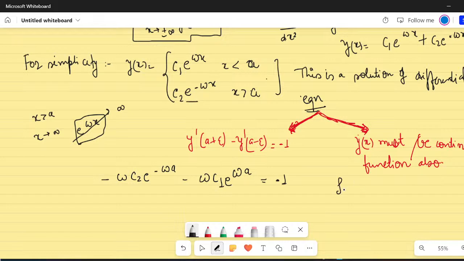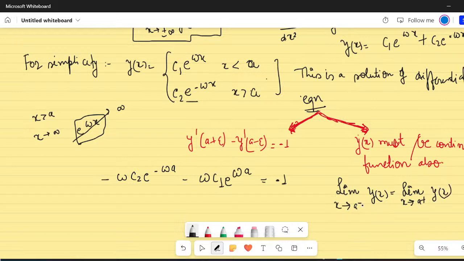So if it is continuous, then I will write limit x tends to a minus of y(x) must be equal to limit x tends to a plus of y(x).